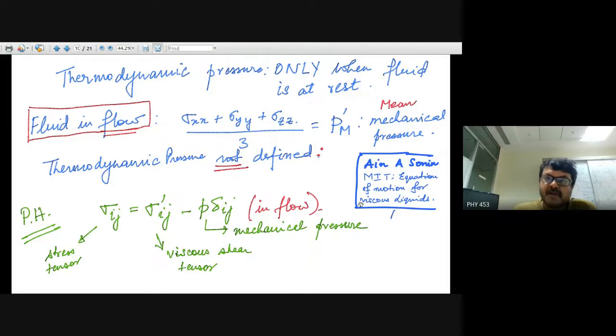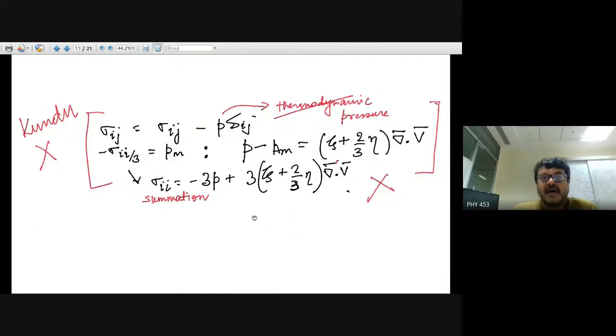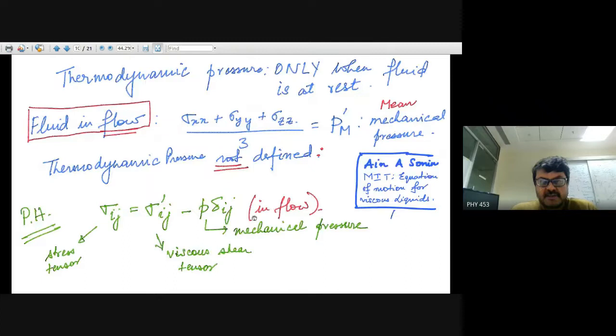We shall primarily follow this. Since it is already considering things in flow, this is mechanical pressure, and only if there is no flow will this mechanical pressure be equal to the thermodynamic pressure, right? And this one is the viscous shear tensor. This is called the viscous shear tensor in this book.